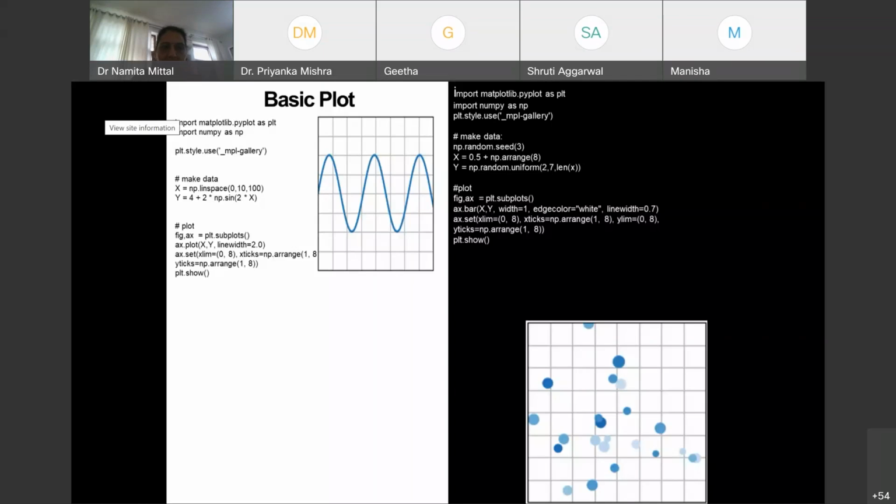So x और y are nothing but the arrays. 100 वैल्यूज हैं इनकी. And y की वैल्यू क्योंकि हमें साइन कर्व बनाना है, I have taken it from x, and this is a hash plot, a document as a comment.